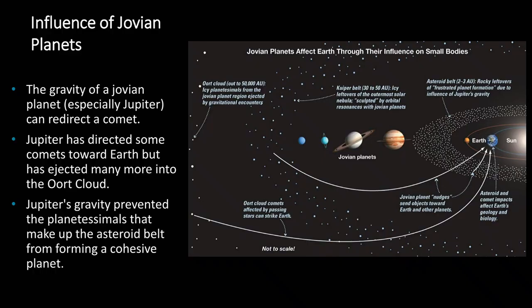So Jupiter, and to a lesser extent Mars's gravity, has prevented the asteroid belt from forming one solid object, and so there is this reservoir of asteroids that could in the future hit the Earth.